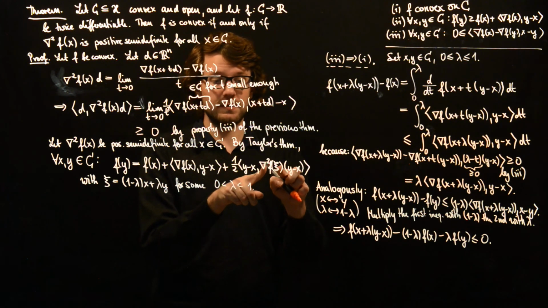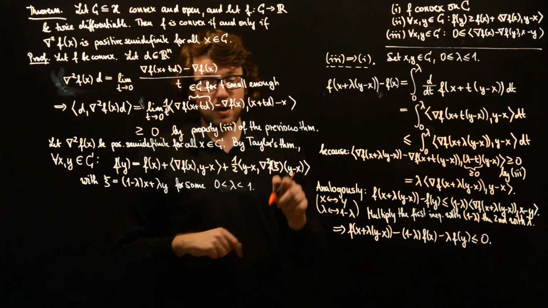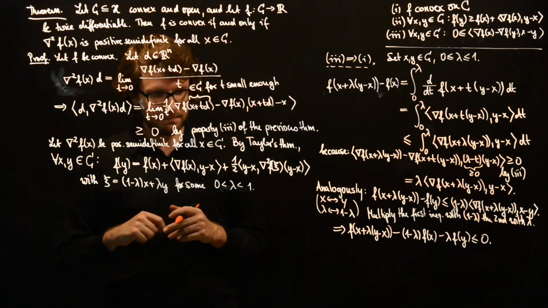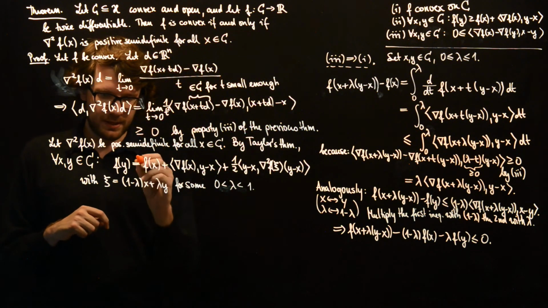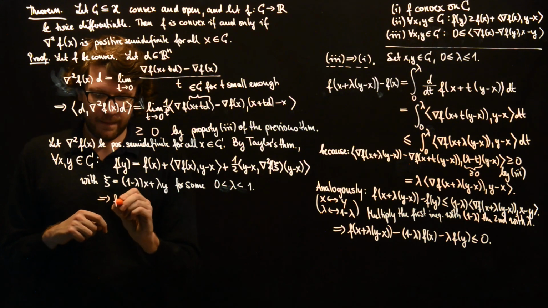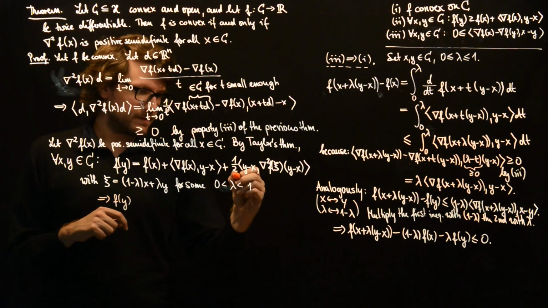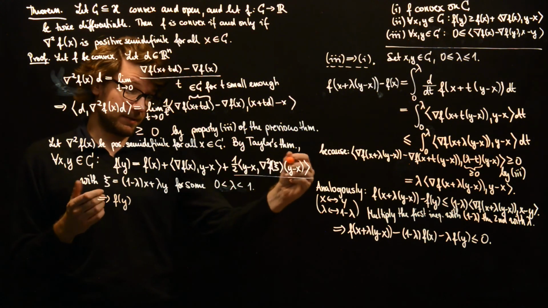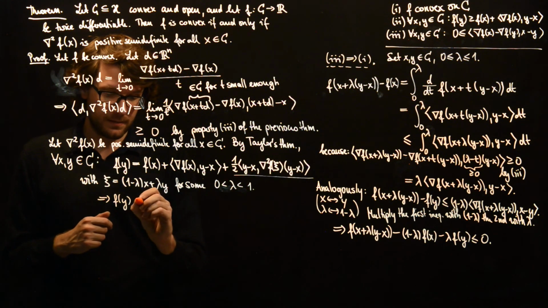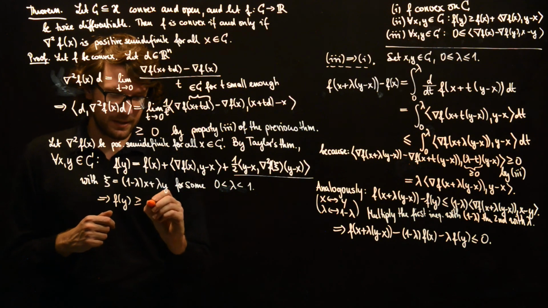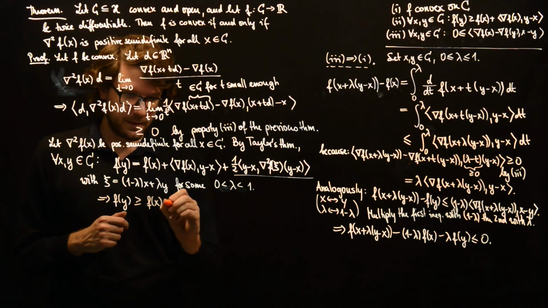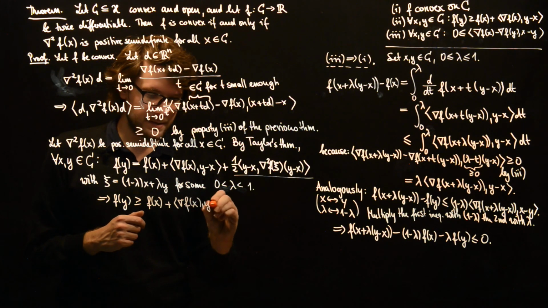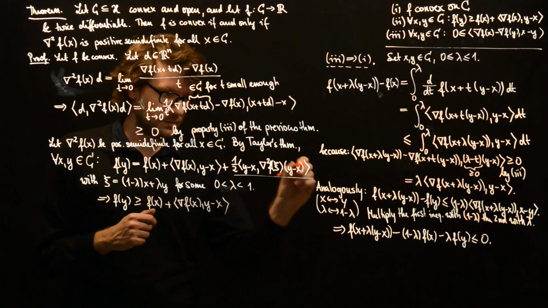So we are using the positive semi-definiteness of the Hessian at the point psi, which is in between here, to show that f of y, since this expression here is greater or equal than 0 by positive semi-definiteness, is greater or equal than f of x plus gradient f of x times y minus x plus 0.